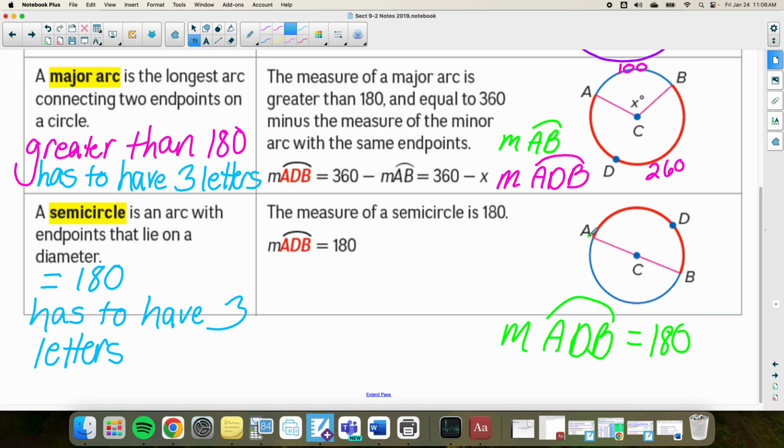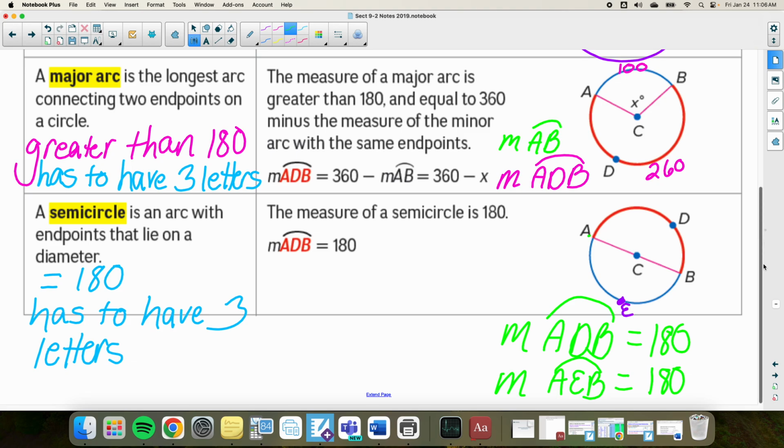To name the blue arc, we can't name it the way it is because we don't have another point on here. But if they said, okay, this point right here is E, then they could ask us, what is the measure of arc AEB? Like this, okay? And that would be 180 also.